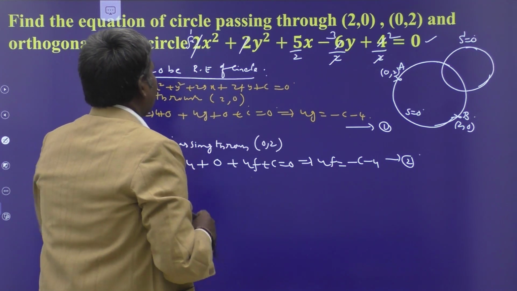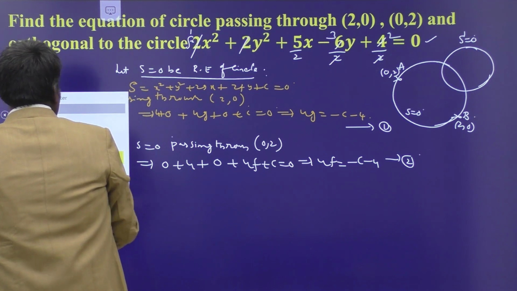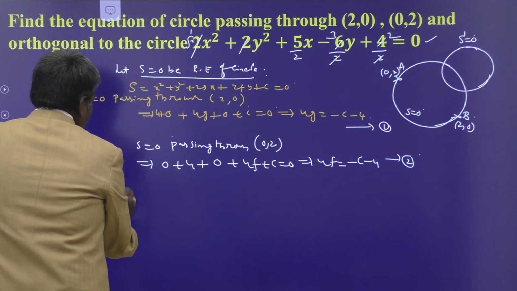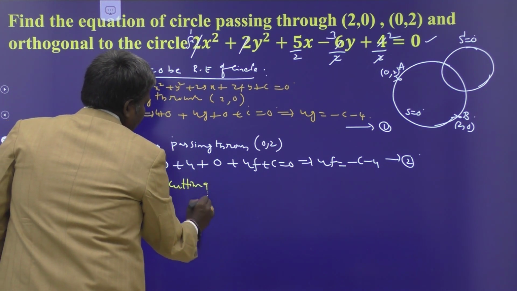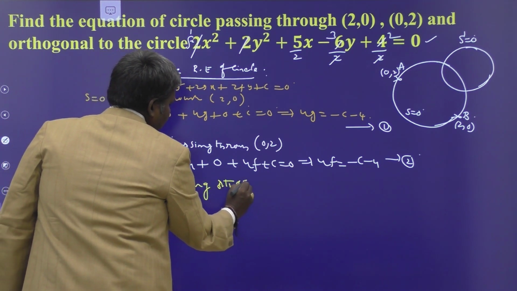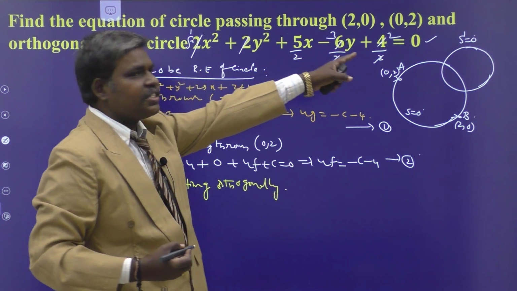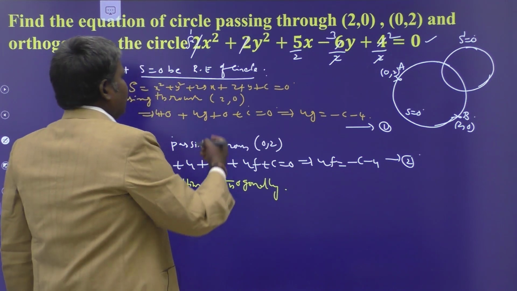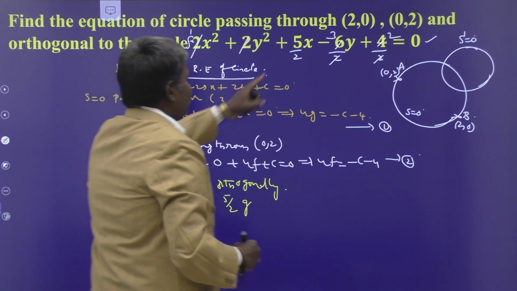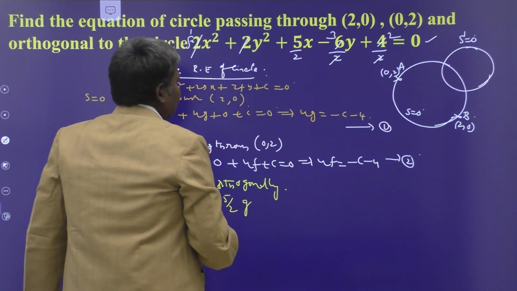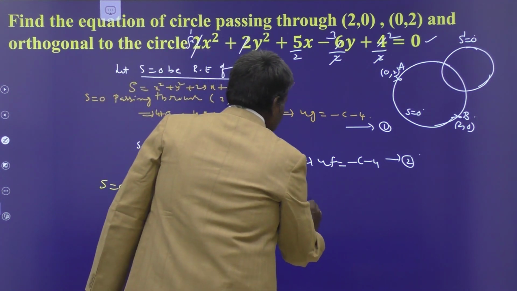Again, we apply the condition of orthogonality. S = 0 and S' = 0 cutting orthogonally. By looking at the equation itself, can I write the orthogonal condition or not? Yes. What is that? 5/2 g, replace x by g and replace y by f, minus 3f is equal to c plus constant, c plus 2.